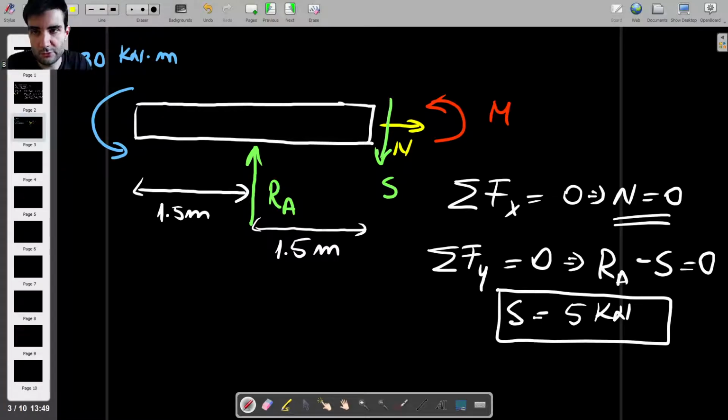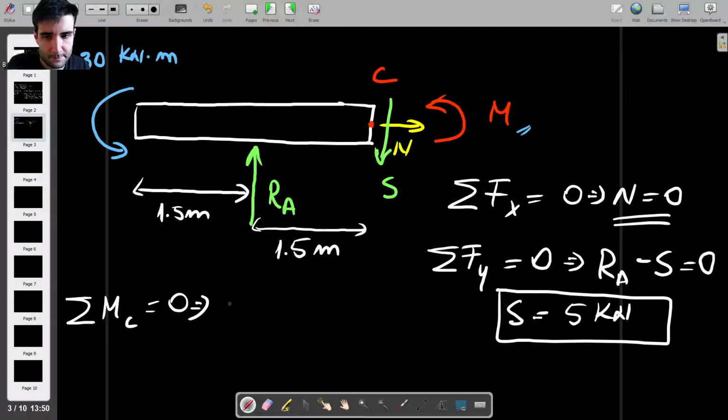So now all we have to do is find this bending moment. And to do that, we are going to take moments about this point C. Okay? Just to cancel out the shear force in the equation. So we have that the sum of moments about C is 0, meaning that we have M, which is this bending moment, which is counterclockwise, so we put a plus sign in front of it.